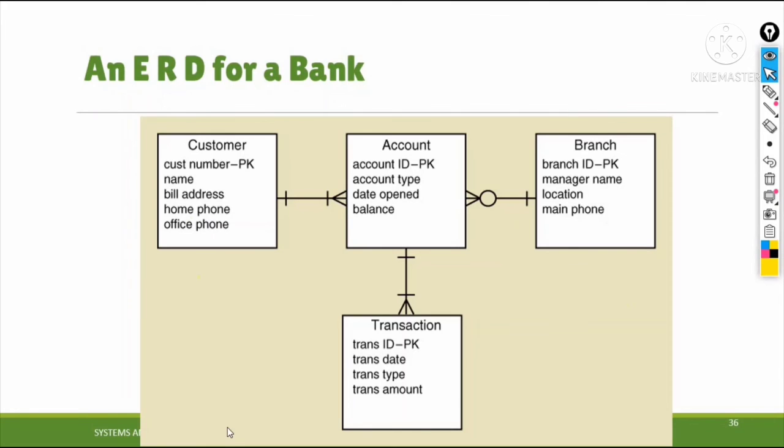So another example is shown in this figure. This is an ERD for a bank. Take note that each branch can have 0 or many accounts and each customer can have 1 or many accounts.